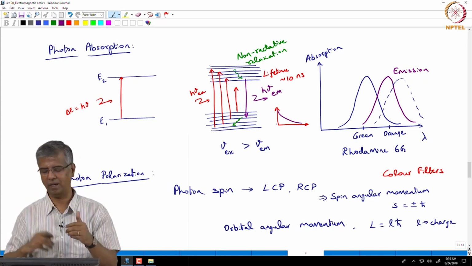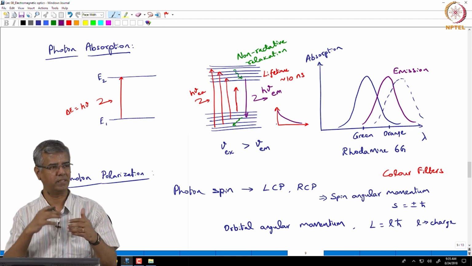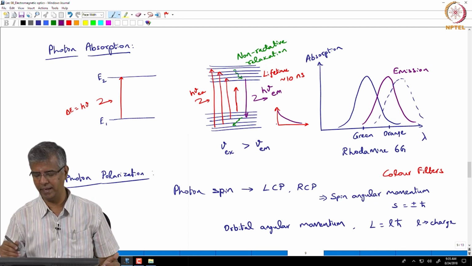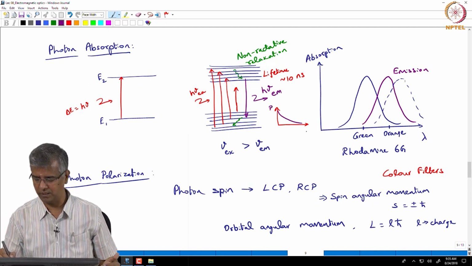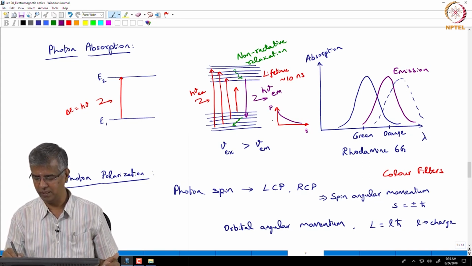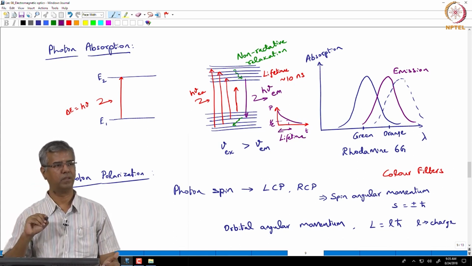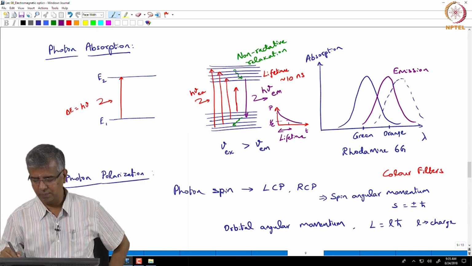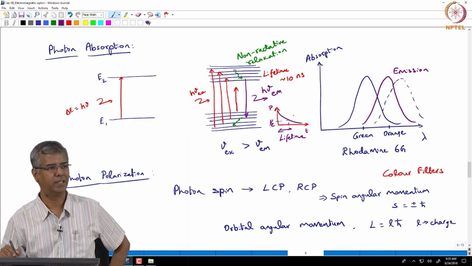With every photon that is emitted, that reservoir is getting emptied. The rate at which the power is emitted comes down exponentially, and the 1/e point is what you figure out as the fluorescence lifetime.